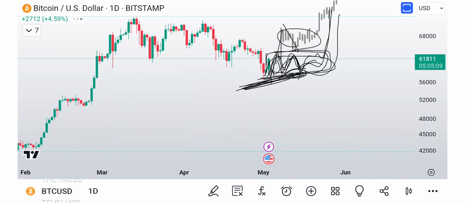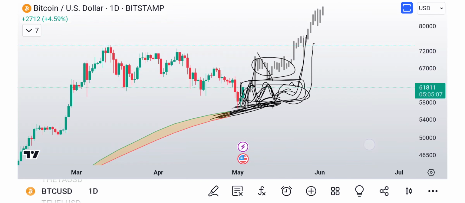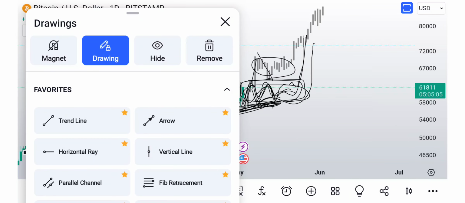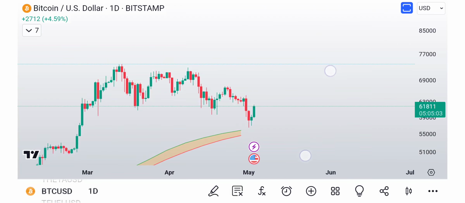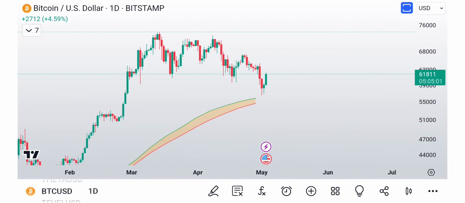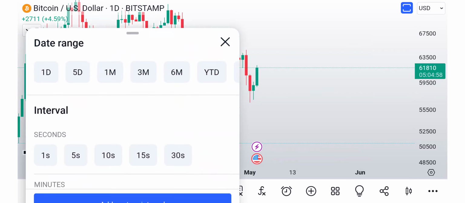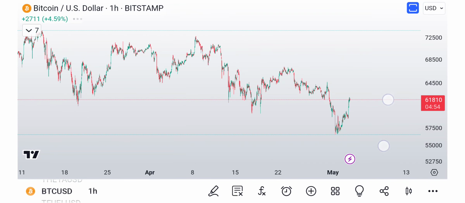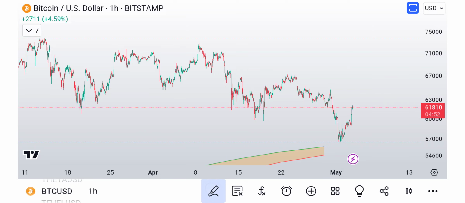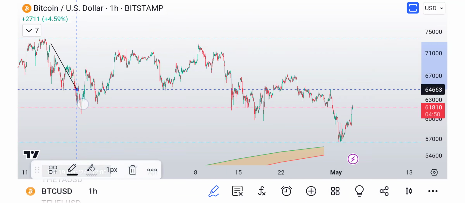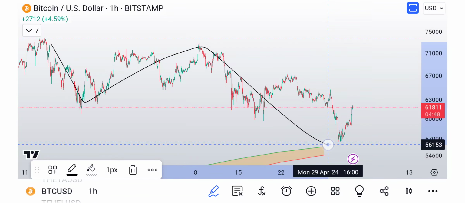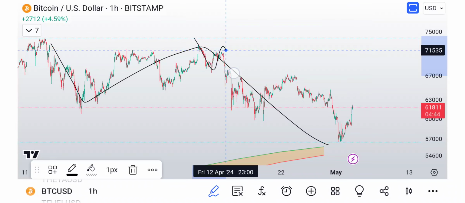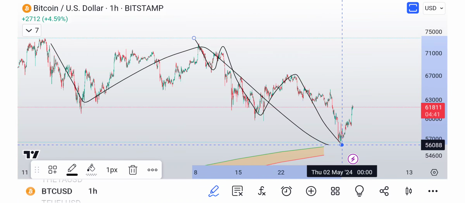Now, if Bitcoin had the bearish idea, which is not really bearish depending on how you look at it, I would say on the 1 hour chart here, we have an A, B, C. So in wave C, we have 1, 2, 3, 4, and 5.